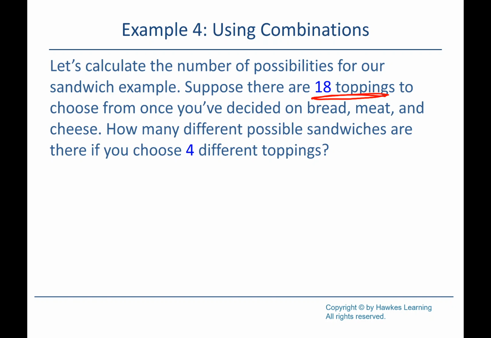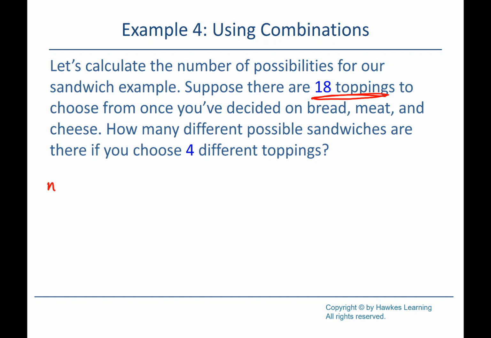Okay, so we have to think about, does the order we choose the toppings matter? No, it doesn't. To you personally, you might care if you put tomato or lettuce on first, but as far as what type of sandwich it is, it doesn't make a difference. And so order does not matter here, so we'll use combinations.